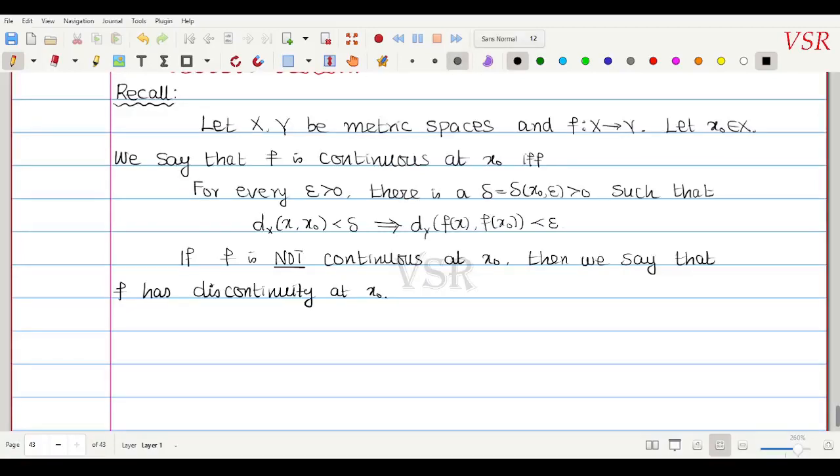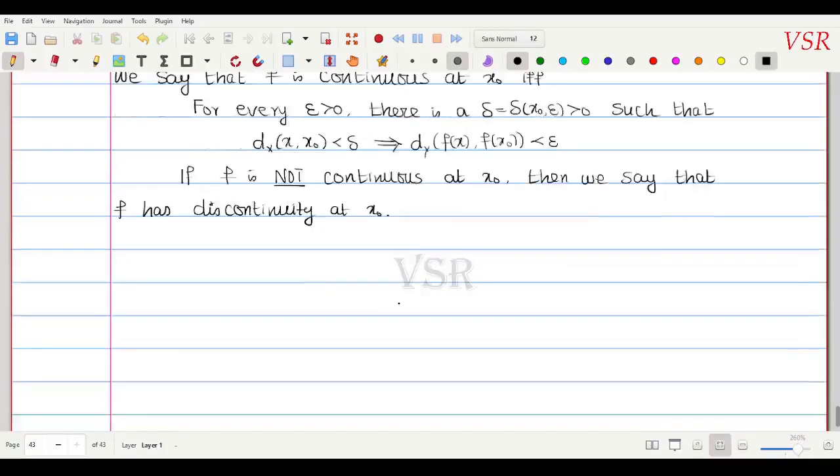If the function is not continuous at x naught, then f has a discontinuity at x naught. So this is the definition of not continuous. If f is not continuous at the point x naught, then we say that f has a discontinuity at the point x naught. So in the discontinuity we need to look in more detail.